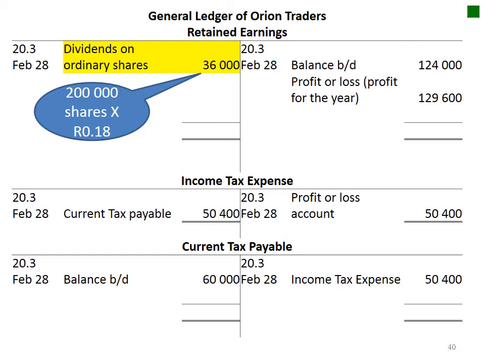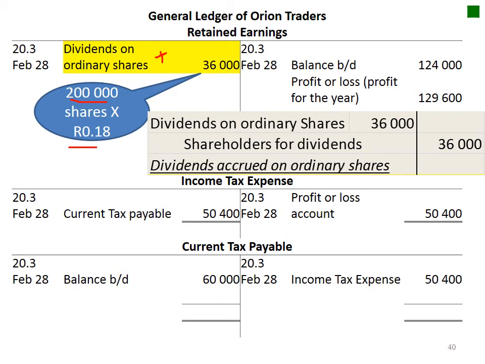We are showing the retained earnings account, so the opposite side of this is coming from the dividends on ordinary shares account. The dividends on ordinary shares account on the debit side will have shareholders for dividends written, and we will have 36,000 owing to shareholders for dividends as a current liability. This dividend amount is 200,000 shares at 18 cents per share.